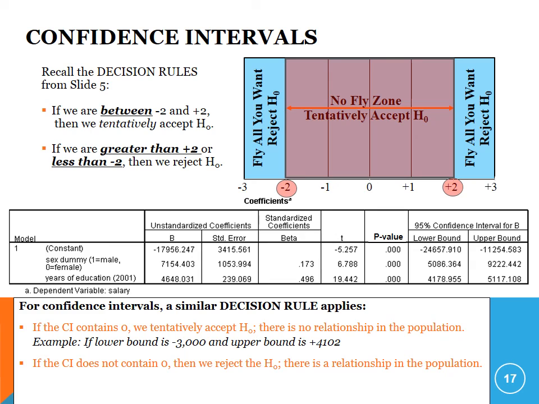For example, if the lower range is negative 3,000 and the upper range is positive 4,102, just some arbitrary numbers I threw out there for you guys, we can see that the range goes from a negative, passes through 0, over to the positive. Or it goes from the positive, passes through 0, still passing through that no-fly zone, and goes over to negative 3,000. That contains 0. So we have to tentatively accept the null, and we have to say just because it contains 0, there's a possibility that there is 0 relationship.